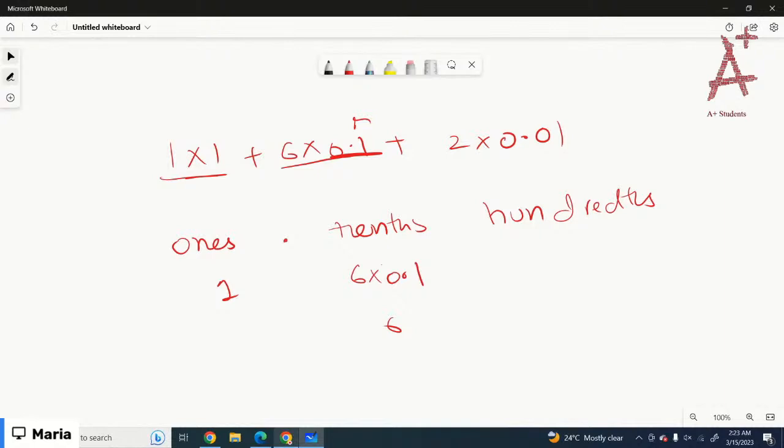Then you have 2 times 0.01. 0.01 is always the hundredths position. So here you have 2. It would be 1.62. Got it? 0.1 tells you the 6 is at the tenths position, and 0.01 tells you this 2 is at the hundredths position. So it would be 1.62.